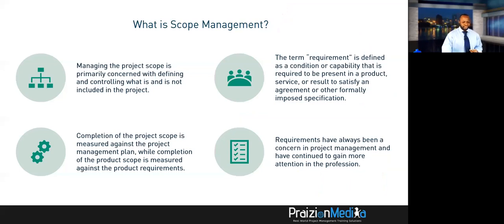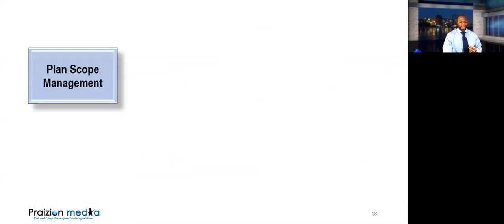So we already know what scope management is. And one of the first things we should do before anything else is plan, okay? How do we manage scope? How do we collect requirements? How do we ensure that scope is completed? How do we make sure that we do a good job? Okay, so this is the very first thing that you do.